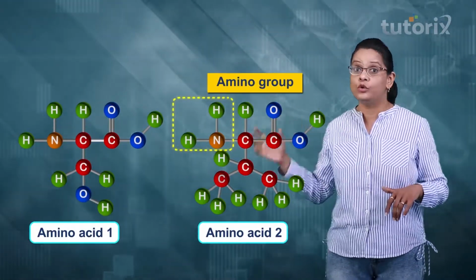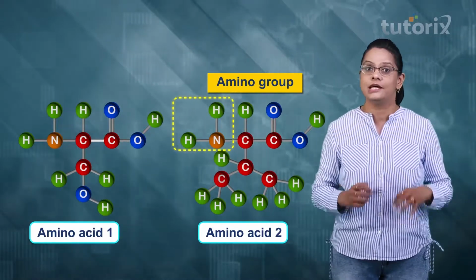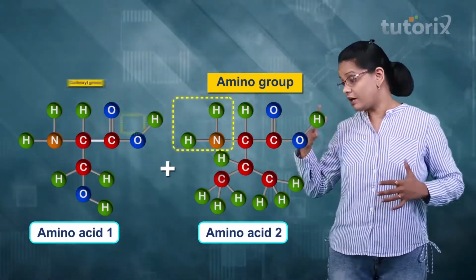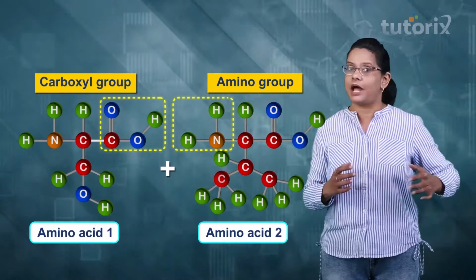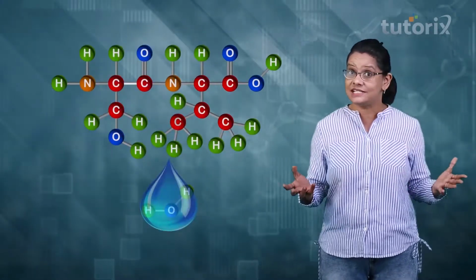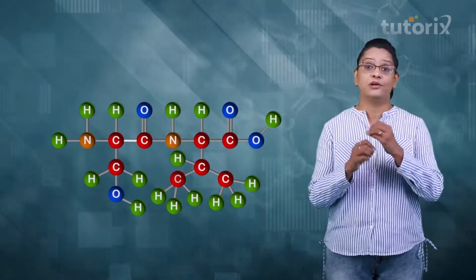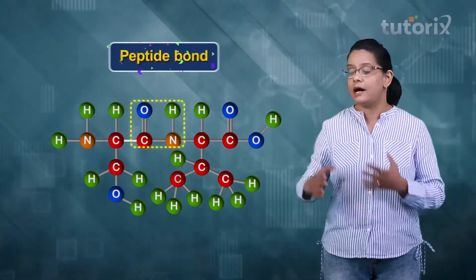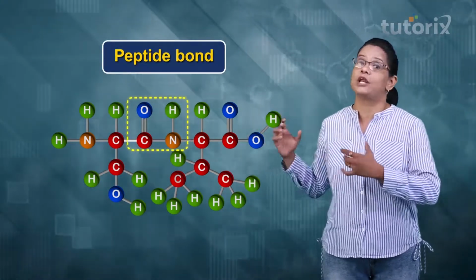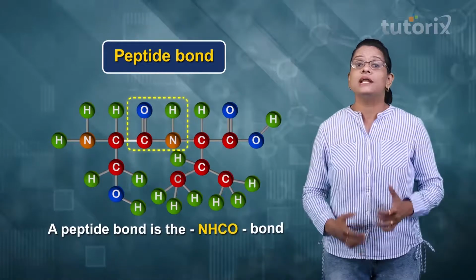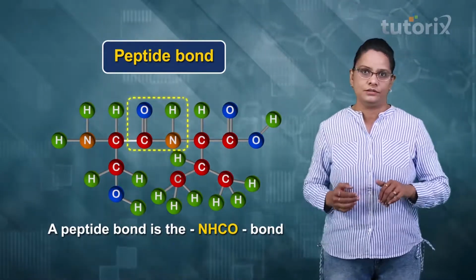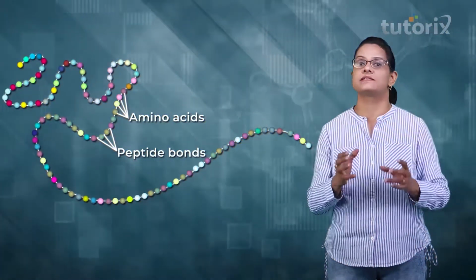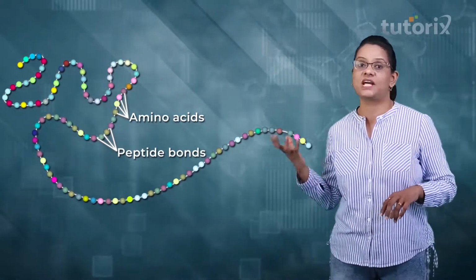The amino group of one amino acid will join with the carboxylic group of another amino acid. And resultantly, a water molecule will be removed and we'll get a peptide bond between the two amino acids. The peptide bond is the NHCO bond. So, as a result of peptide linkage, the peptides are formed.